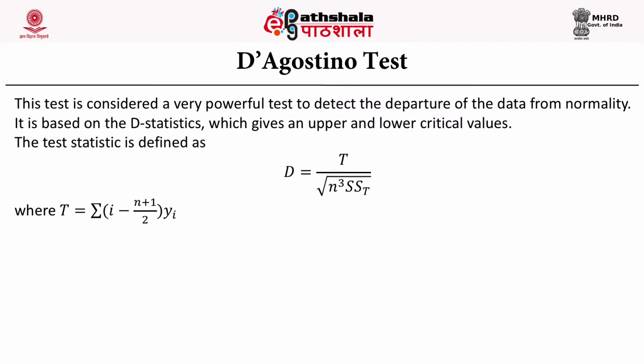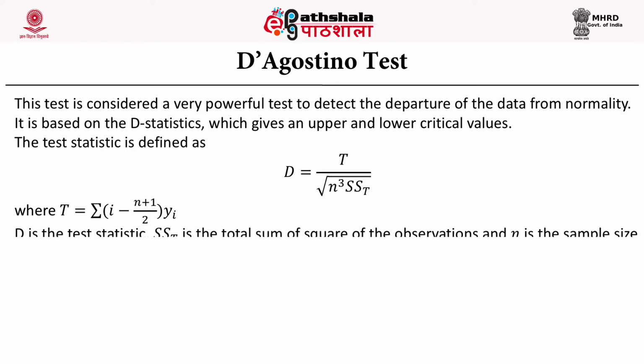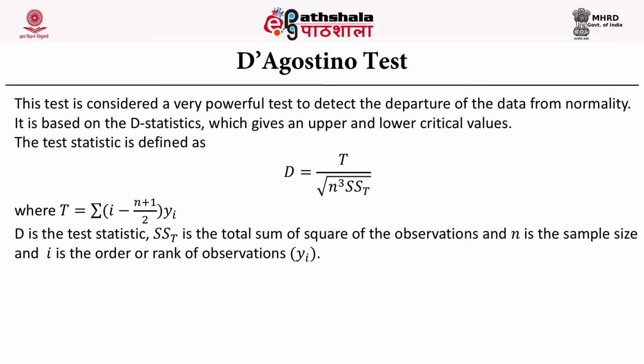The test statistic is defined as D equals T upon square root of n cube times SST, where SST is the total sum of squares, and T is equal to the summation over i of i minus (n plus 1) upon 2, times yi. D is the test statistic, SST is the total sum of squares of the observations, n is the sample size, and i is the order or rank of the yi observation.